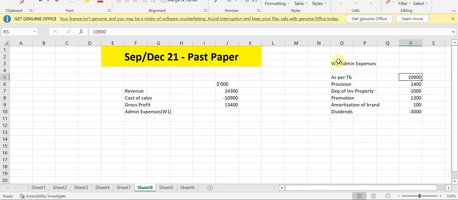Now this is the total of administrative expenses, 9700. So what you're going to do is press equal to minus sign and then click over here. So it's 9700. Then we have the distribution cost.